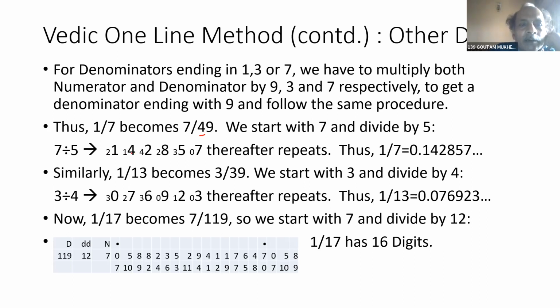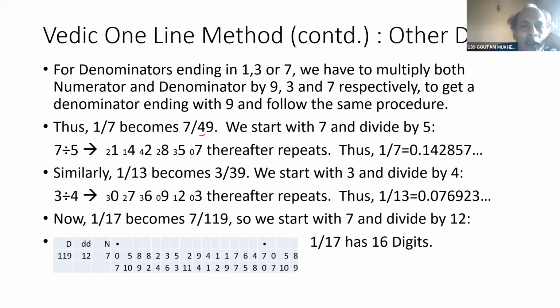Again 14 divided by 5, quotient is 2, and 10 plus 4 is 14. And again 42 divided by 5 is 8 and remainder 2. 28 is 5 and remainder 3. 35 becomes 7, again comes back to 7, and so therefore 1, 4, 2, 8, 5, 7.